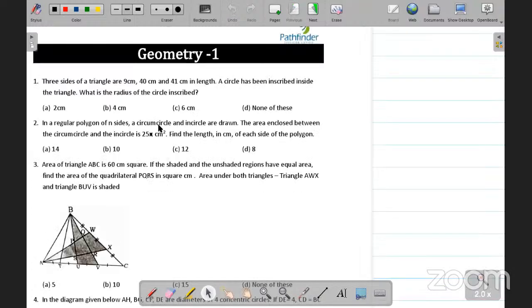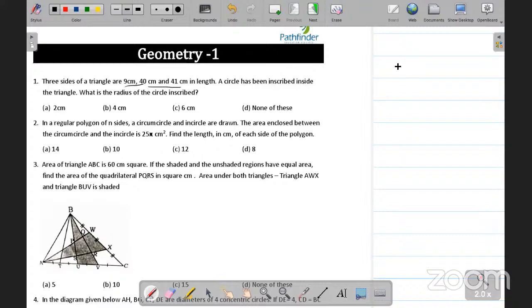Okay, so we have the first question with us. The first question says that there are three sides of a triangle which are 9 centimeters, 40 centimeters, and 41 centimeters in length. And a circle has been inscribed. If you recognize this triangle, there are two ways of doing this question.